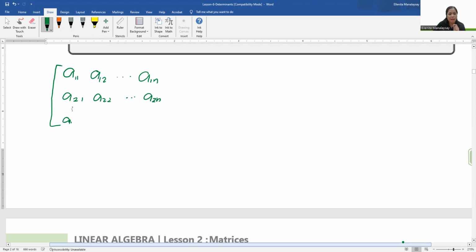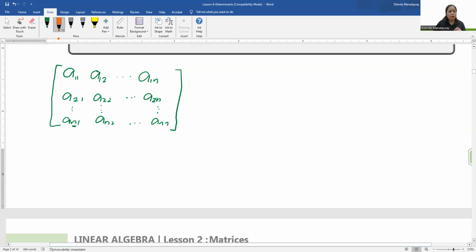Then we have A sub n, 1, A sub n, 2, up until A sub n, n. Considering that we are only dealing with square matrices here, we have n number of rows and n number of columns.